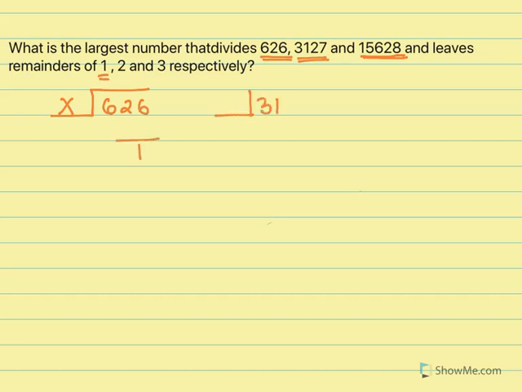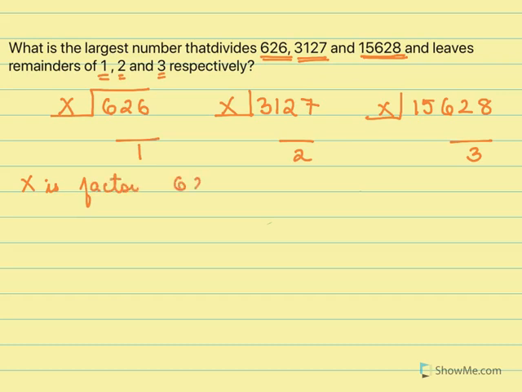Then again it divides 3127, leaves remainder 2. And then divides 15628 and leaves a remainder 3. So here again we say x is a factor of 626 minus 1, that is 625.